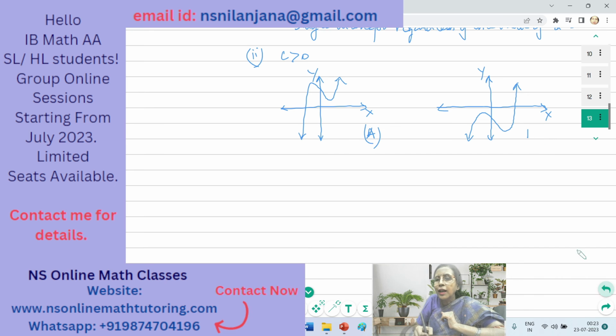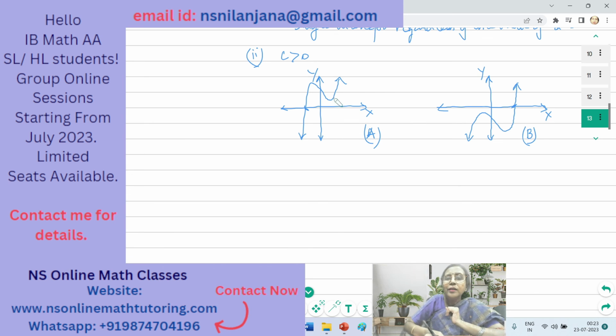Because now we do not have the restriction of d value equal to 2. Both can be taken. Okay. So, in both the cases we are seeing, we are having only a single x-intercept.